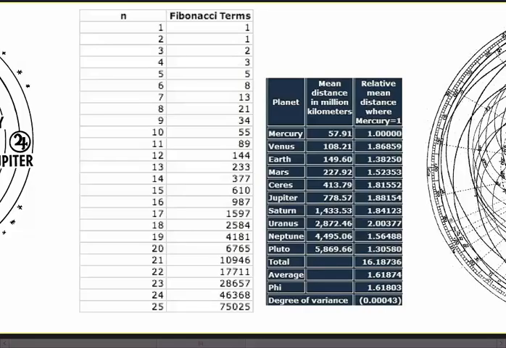Then you have Uranus at 2800, which approximates 2500, but as we get farther and farther out, they become more and more divergent. Then you have Neptune at 4500, and the Fibonacci number is 4200.